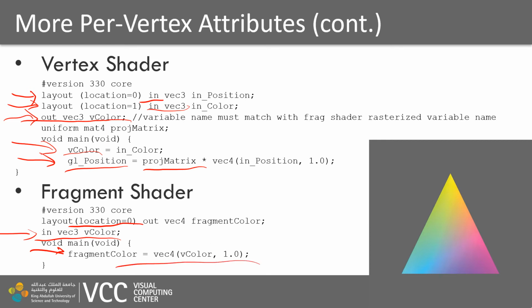So we can see here that while our vColor is a three-dimensional vector, our built-in location 0 is expected to be a vec4 variable. Therefore, we need to create a vec4 with the alpha component, which will be equal to 1.